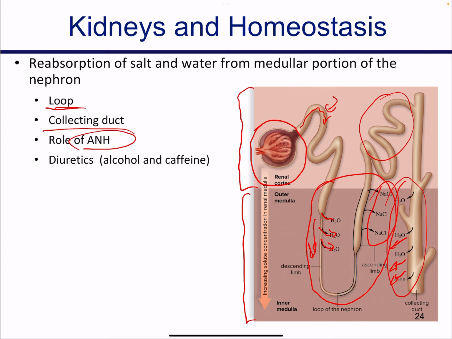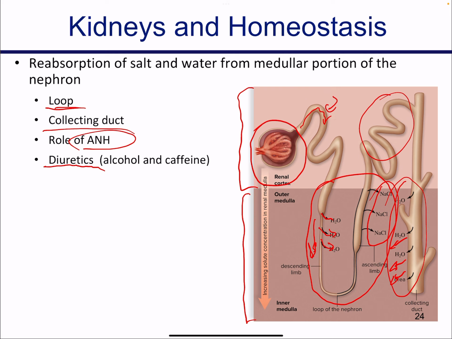ANH, which is a hormone that is produced by the heart, right, is going to allow reabsorption of water salt. The diuretic hormones are also going to play a role in the reabsorption, right?